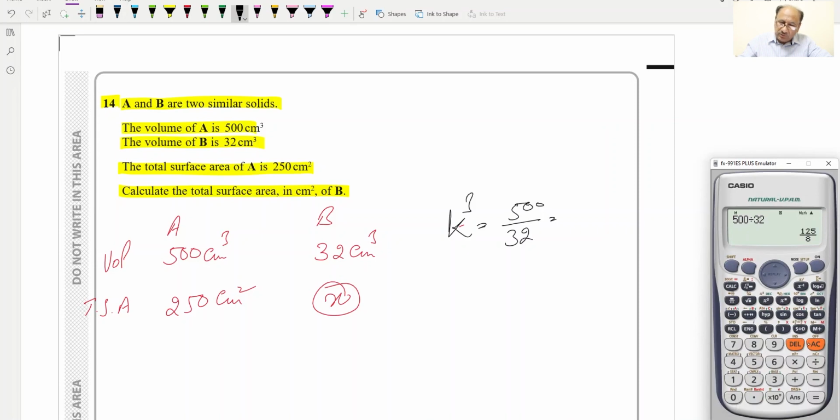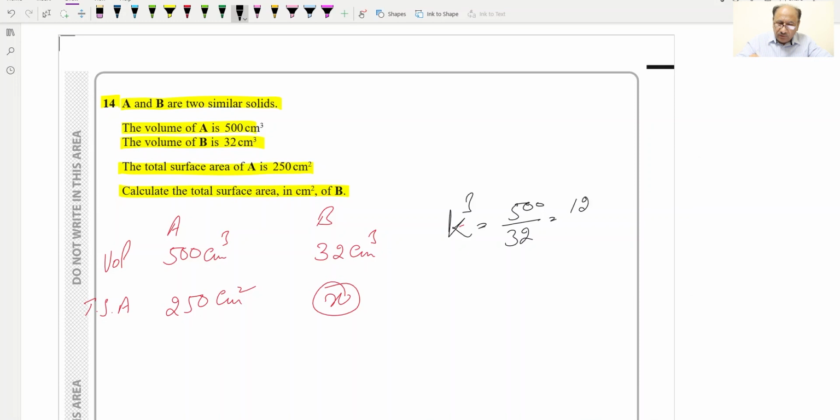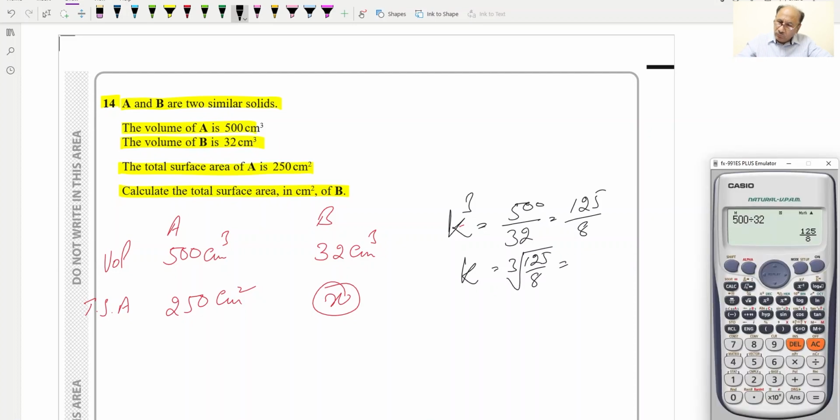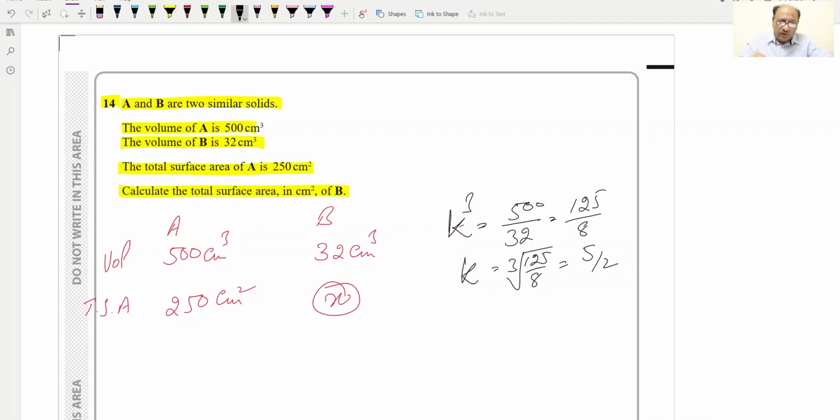This one we can write as 125 over 8. Now for the k value, we will be checking, that will be the cube root of 125 over 8, and the cube root answer is equal to 5 by 2. So k value is 5 by 2.